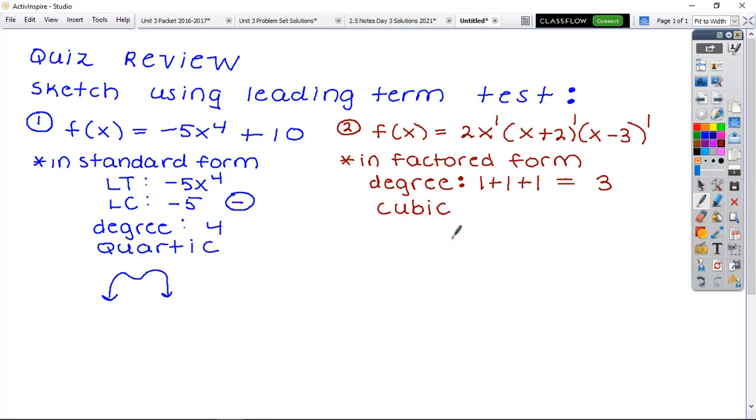And then x squared times 2x would give me 2x cubed, which is positive. So that would absolutely have a positive leading coefficient. So my sketch looks like this one. Okay, so give or take. How are those two? Okay.